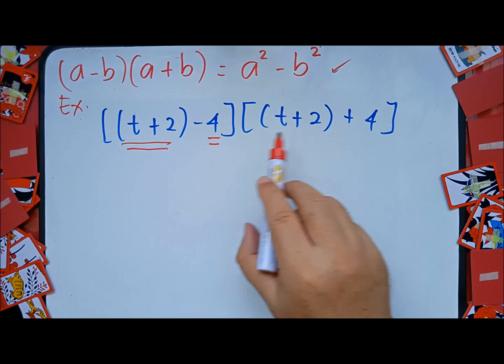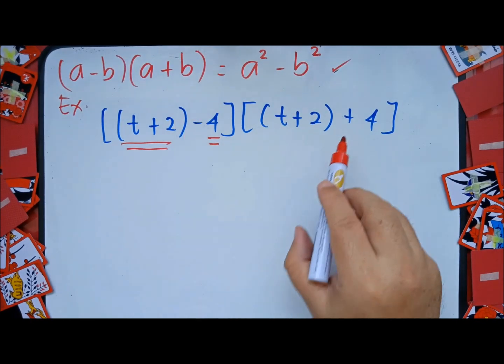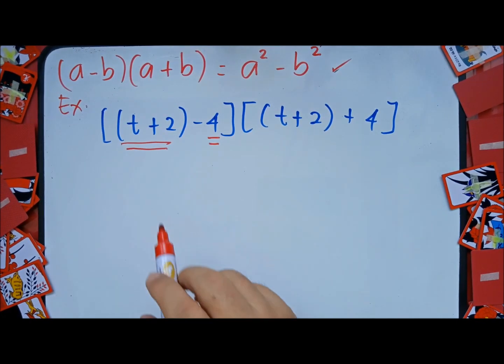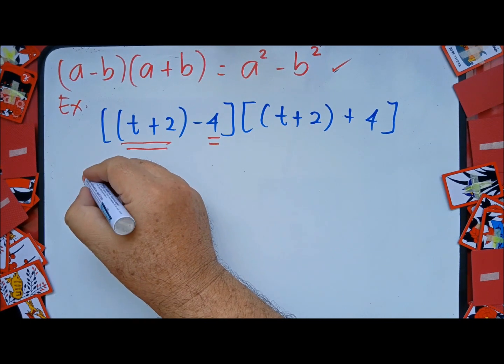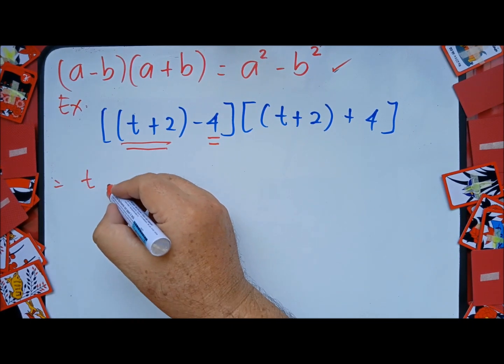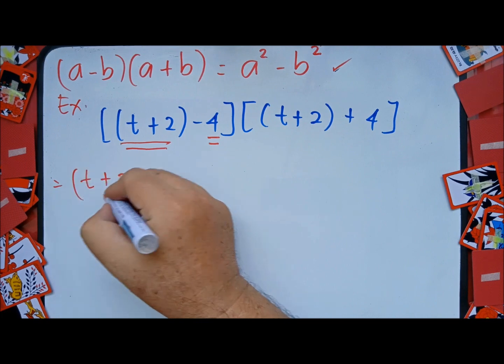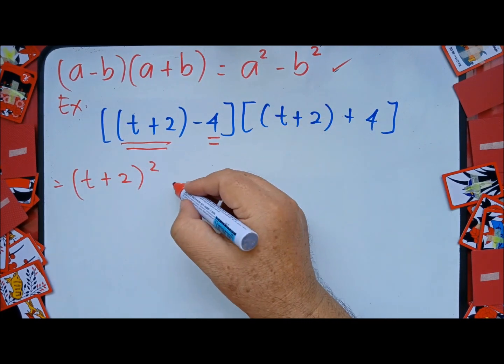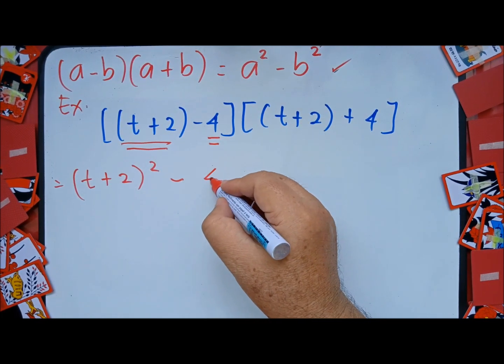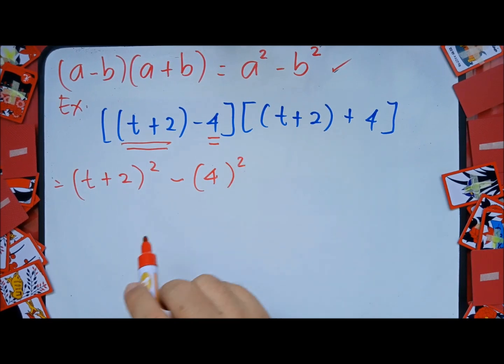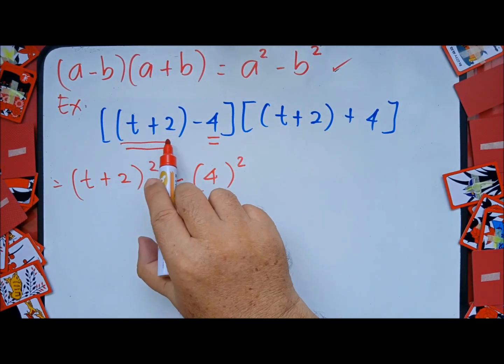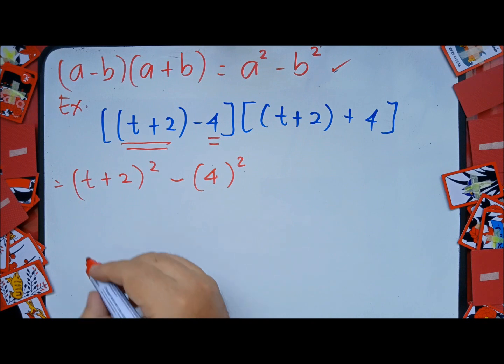Your second terms are the same. Opposite sign. So, supposing this is your A, this will become t plus 2 squared minus 4 squared. This is your A, this is your B.